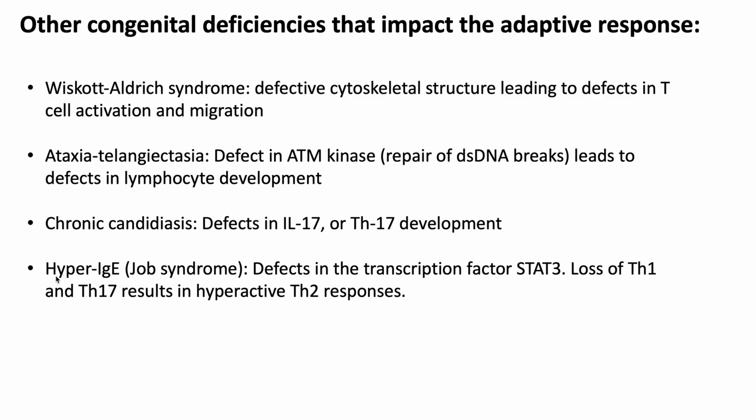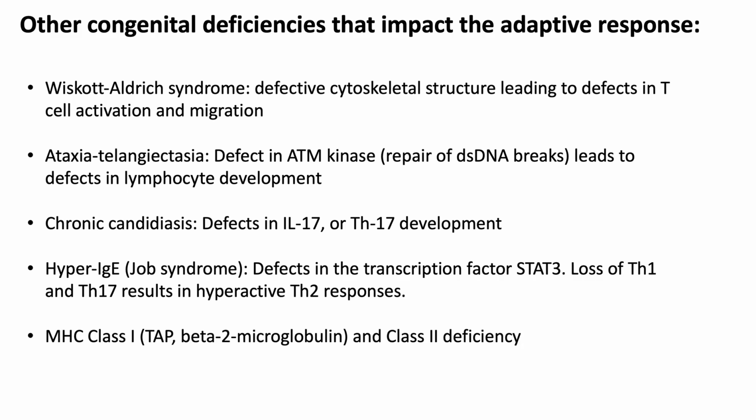So, for example, in hyper IgE syndrome or Job syndrome, individuals lack the ability to make STAT3. And in the absence of this transcription factor, this results in overactive Th2 responses and a loss of Th1 and Th17 responses. Now, what this means is that you can drive immune responses that can be protective against some types of infections, but not others.